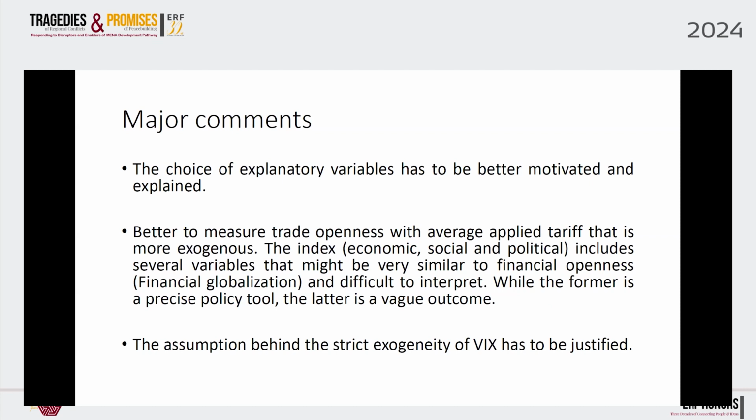So that's why at the end of the day, the globalization index includes a lot of endogenous variables related to your dependent variable. And that's why it's better in this case to use an explicit variable that measures trade openness, which is tariffs, the most straightforward variable in this case.